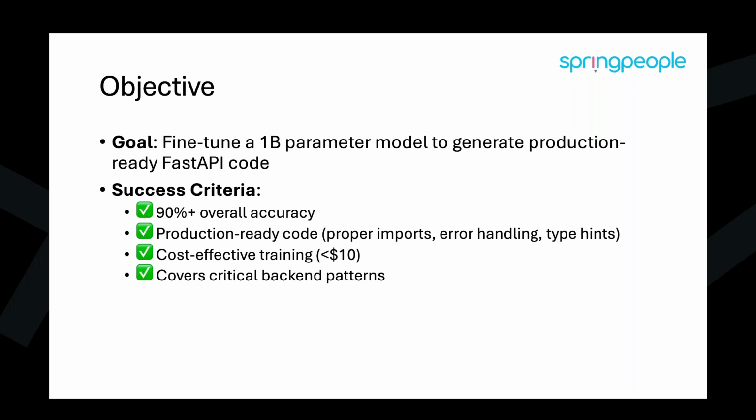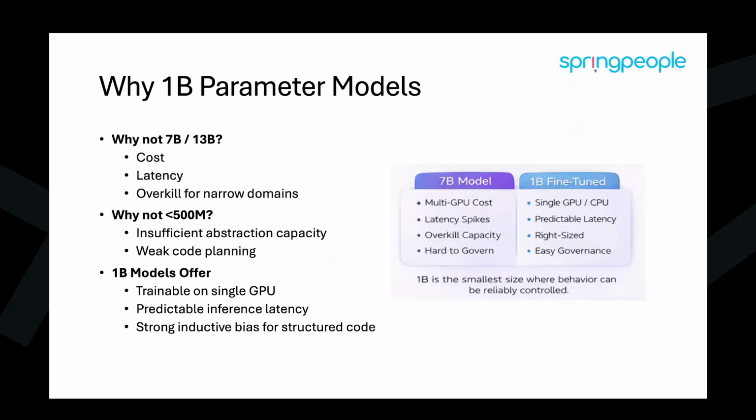I'll show you how it generated code from a base model, and how it generated after it was trained. Okay, and then why do we take a 1 billion parameter model?